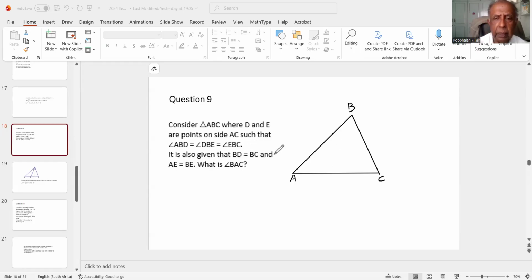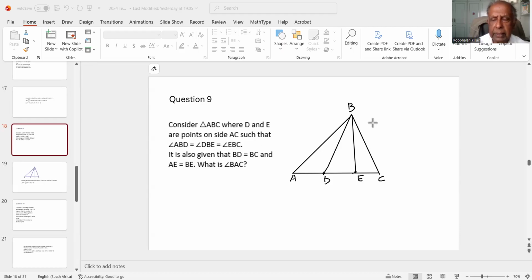So you got D and E are points on this, such that angle ABD, all right, so this angle here, is equal to DBE, so let's draw that.